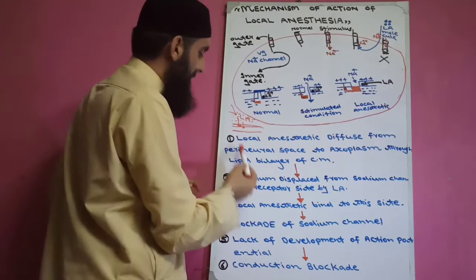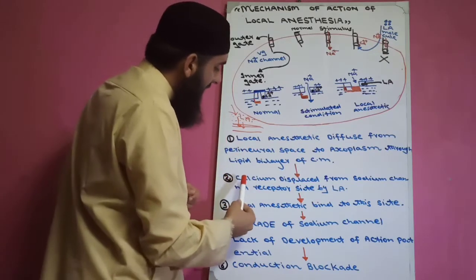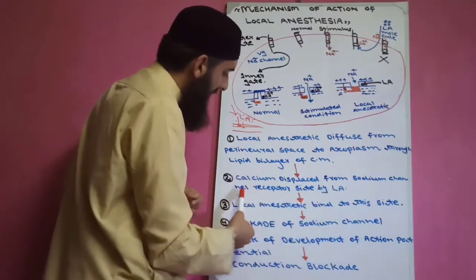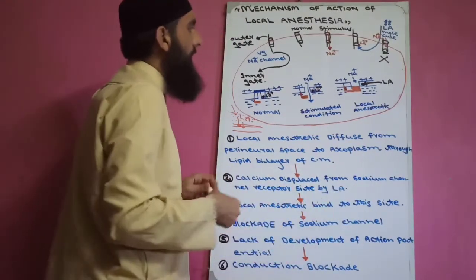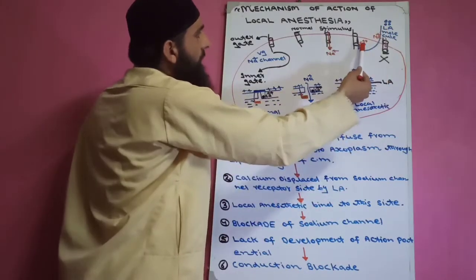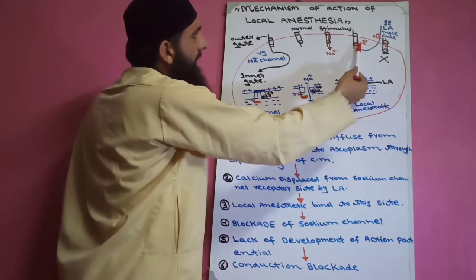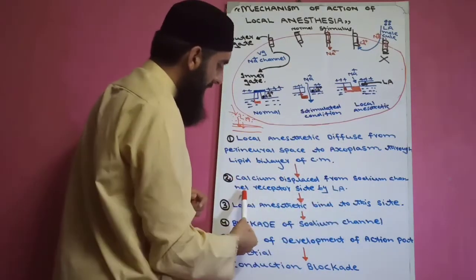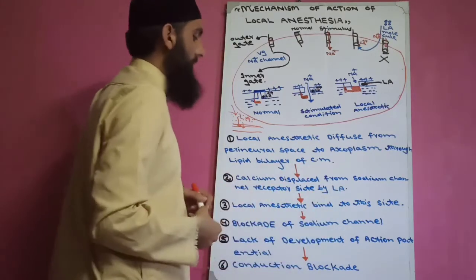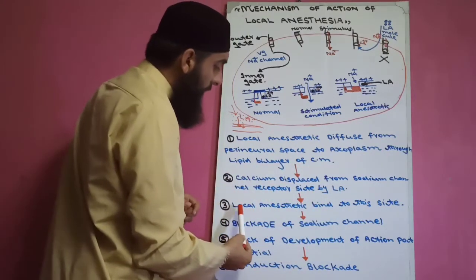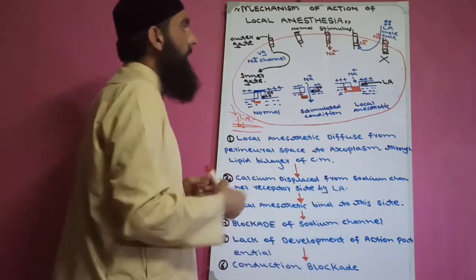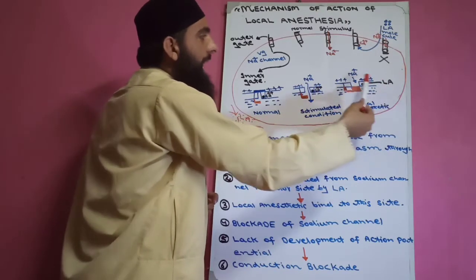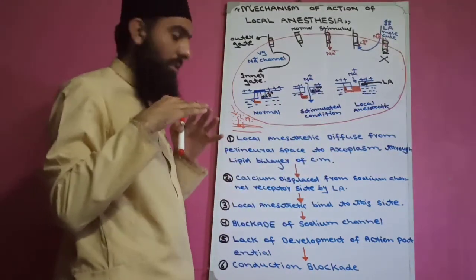Now, the second step: calcium displacement from the sodium channel receptor site by the local anesthetic. The local anesthetic displaces the calcium ion from the receptor. Now, in the third step, the local anesthetic binds to this site. When the local anesthetic displaces the calcium ion from the receptor, it then attaches itself to this receptor.